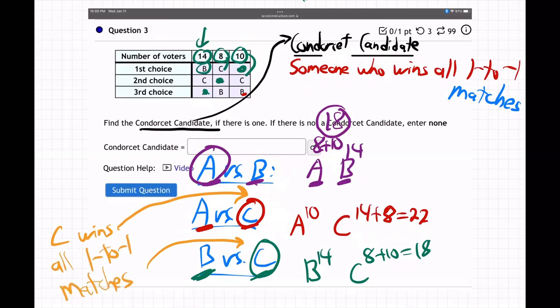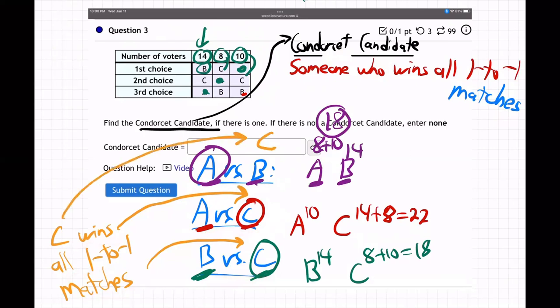You might be thinking, well, wait a minute, he didn't win this one up here. Well, he wasn't involved in that one. I should say C wins all his one-to-one matches, right? C beat A and C beat B. So C is the Condorcet candidate.